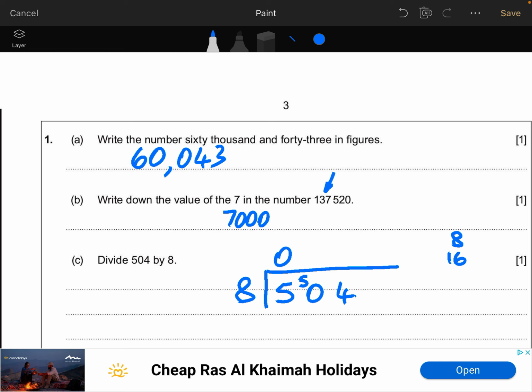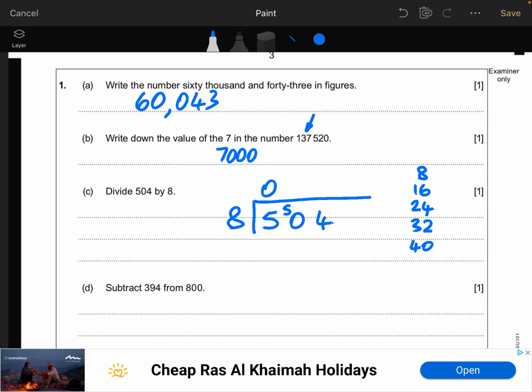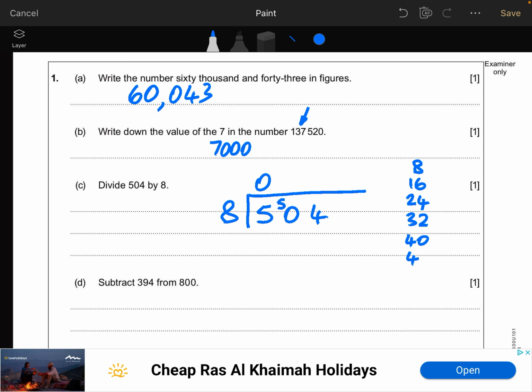So 8, 16, 24, 32, 40, 48 and 56. Well, we've gone beyond 50 now. So that's 1, 2, 3, 4, 5, 6 gives me 48. And then there's another 2 left over to take it up to 50.